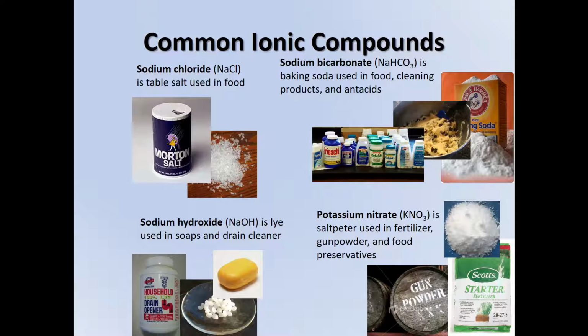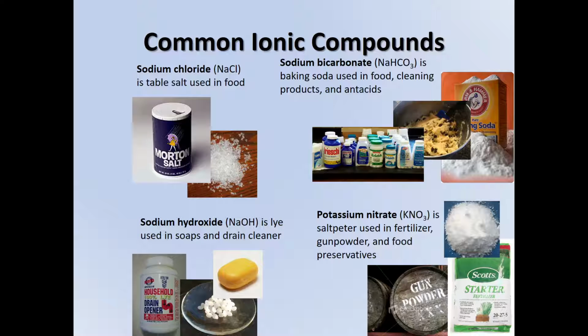It's a base, the opposite of an acid. Potassium nitrate is also known as saltpeter and is used in fertilizer, gunpowder, and food preservatives. These are all types of ionic compounds.